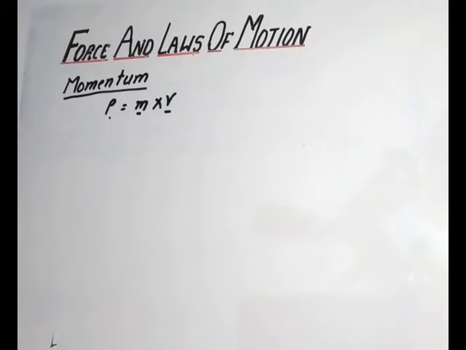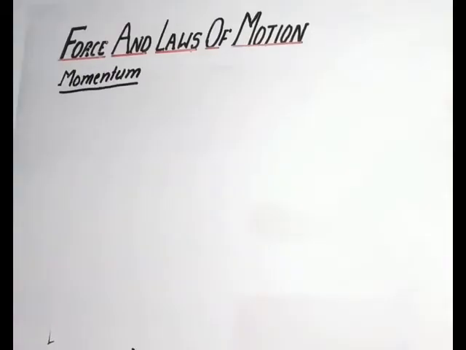How did this formula come into existence? First we have to know about that. Suppose we have two stones of 1 kg and 2 kg.